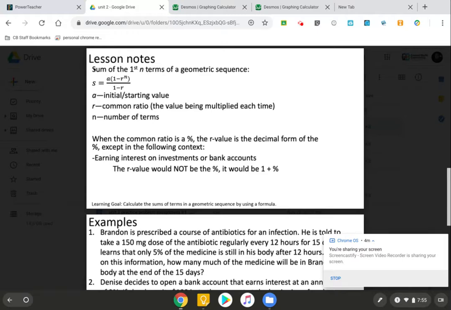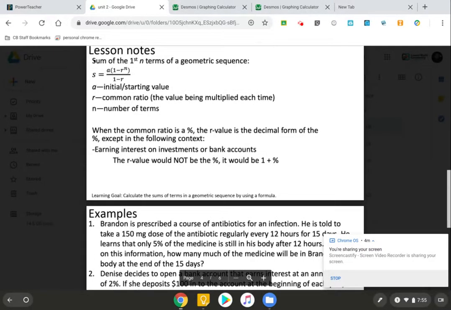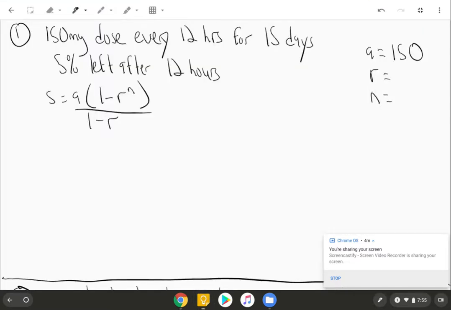Now, this particular question has nothing to do with bank accounts or interest rates. So we're going to assume that the R value is the decimal form of the percentage. Our common ratio is a percentage, 5%, so the R value is the decimal form of that, which is 0.05.